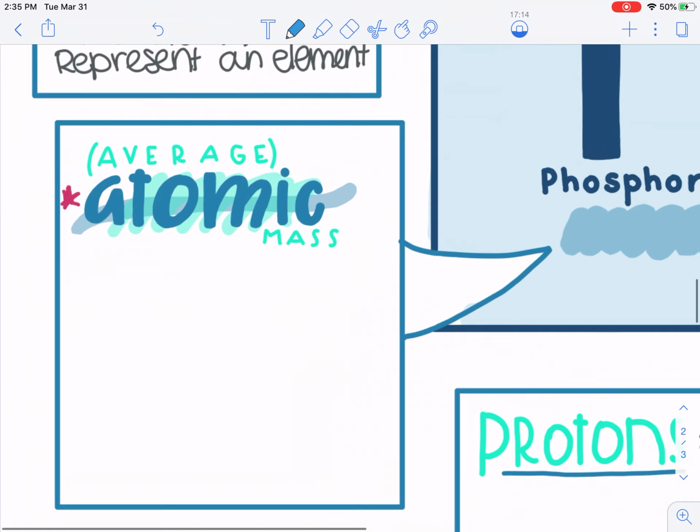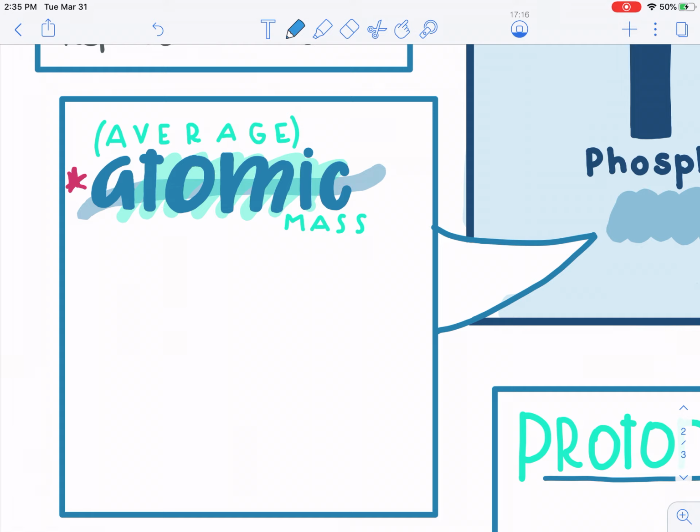Average atomic mass, we're going to put our definition in here, but we have a whole separate lesson that is devoted to average atomic mass. So we'll talk more about that later.